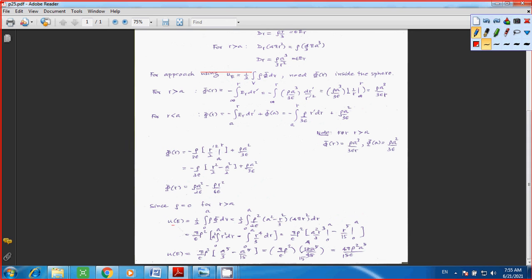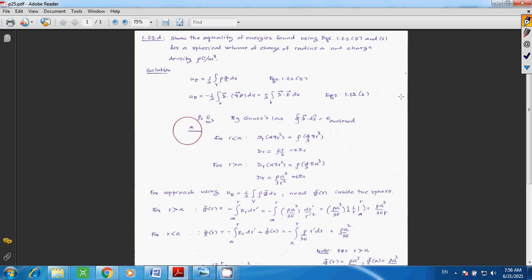So when you apply the equation U_E equals 1 over 2, you simply integrate from 0 to a only, not to infinity, of rho phi dV. Since you're working with r less than a, you pick phi from this case. By integration, you end up with U_E equal to 4 pi rho squared a to the 5th divided by 15 epsilon.